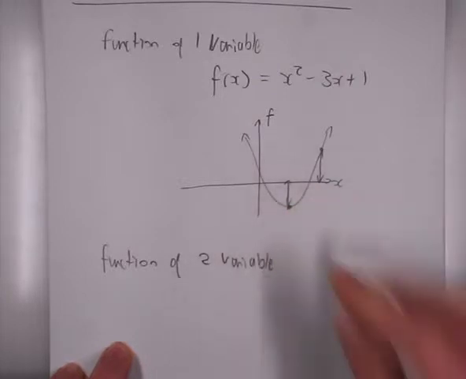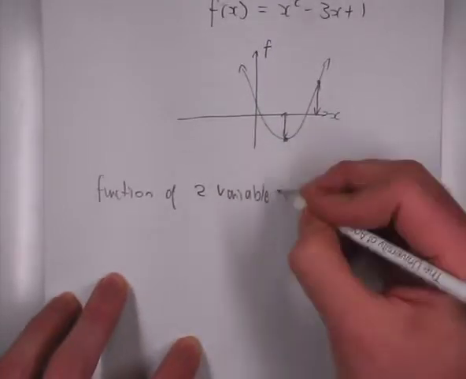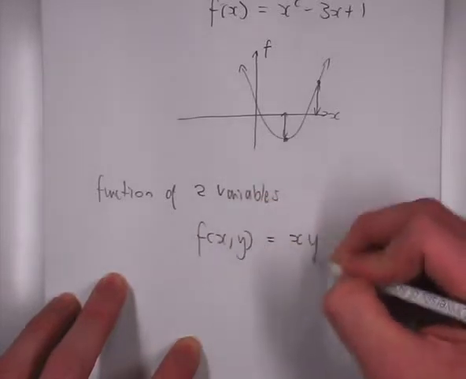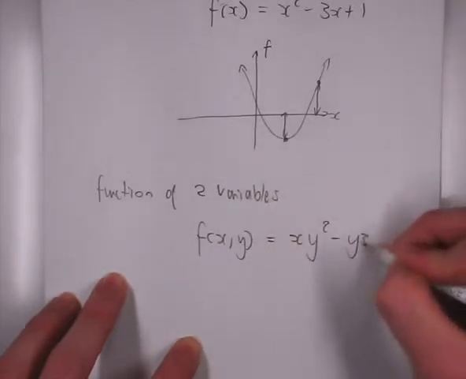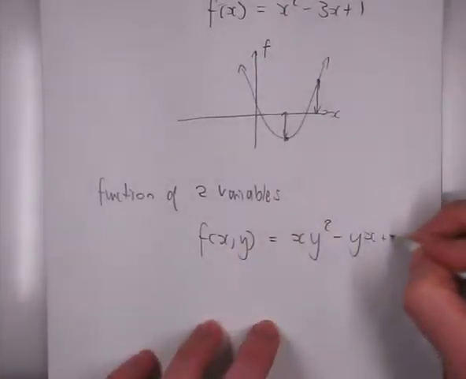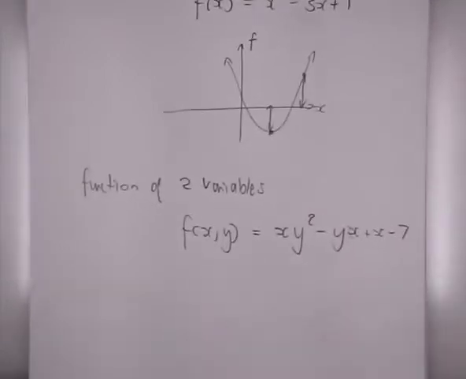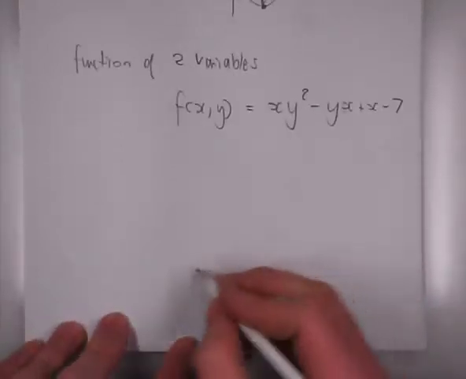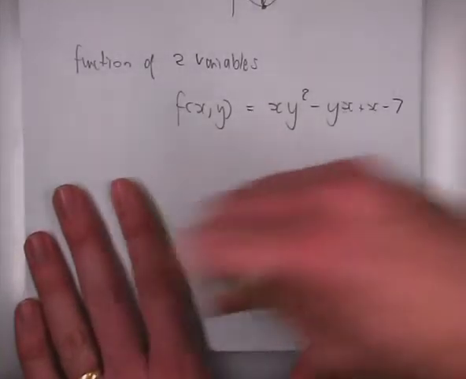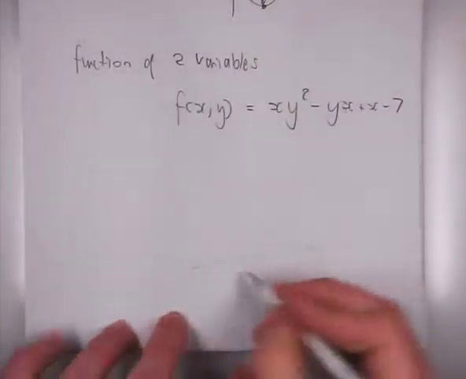In particular with two variable functions. So a function of two variables might be f of x and y comes out to something like that. Okay? And the way this works is, let's draw that better.